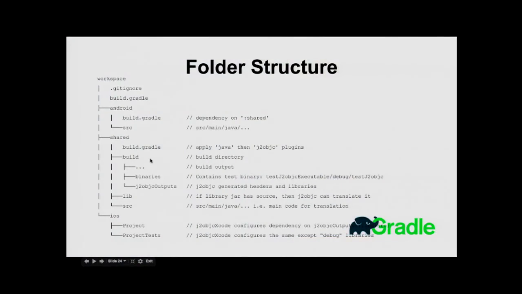So this is basically the suggested structure, and if you choose to use a system like this, most of the work is actually in separating the Java code from the Android project into this shared project, because it's very easy to have a lot of dependencies within Android.